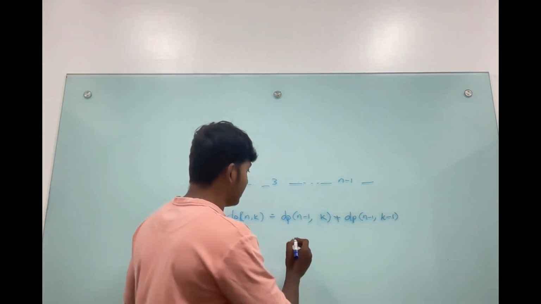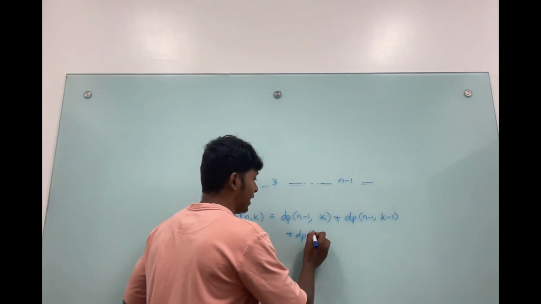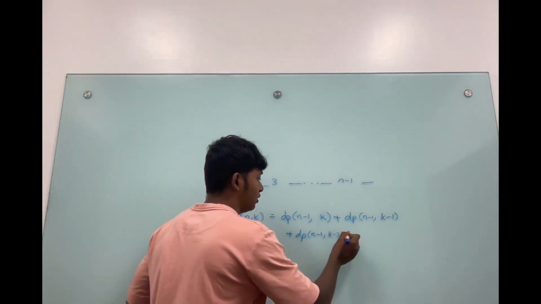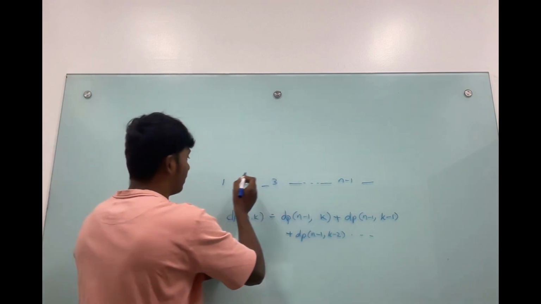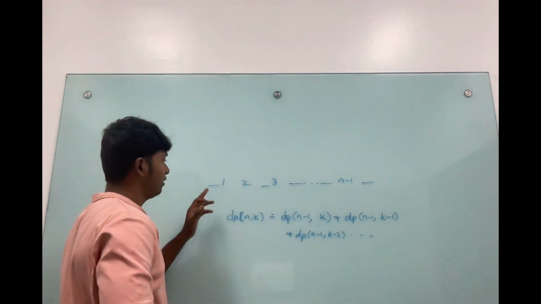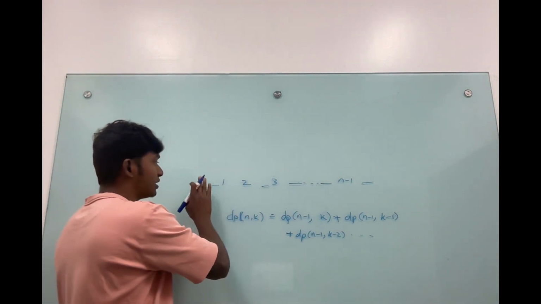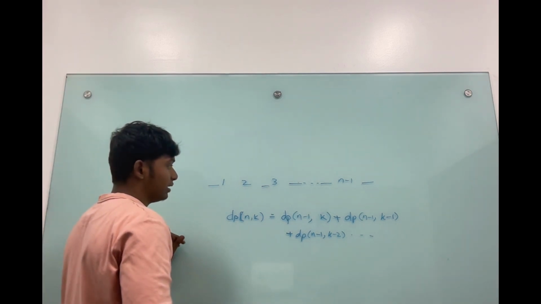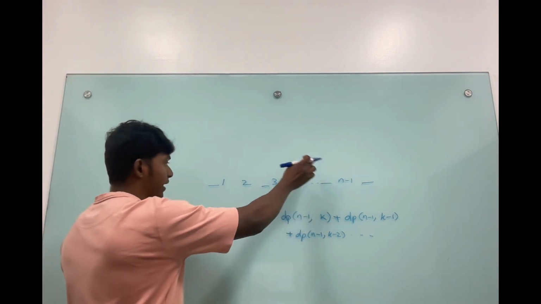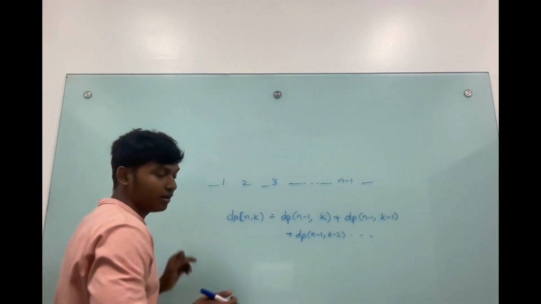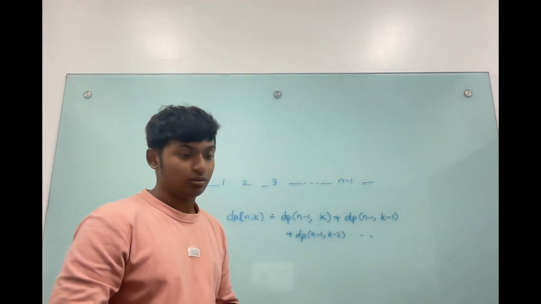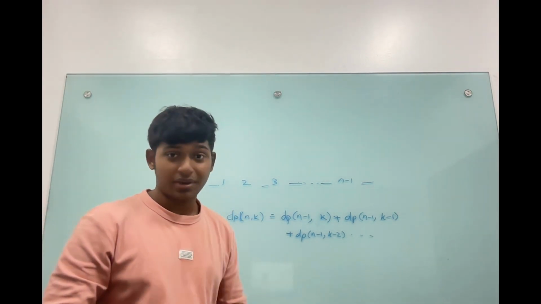And then the same with dp of n minus 1 comma k minus 2, until we put it at the start. In that case, it might either be n or k, depending on which is smaller. Does that make sense? Okay, let's try to code it out.